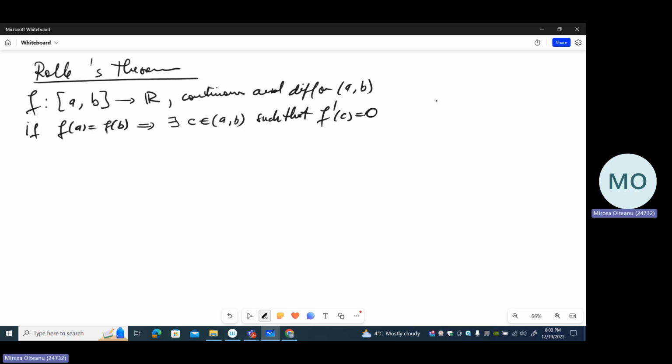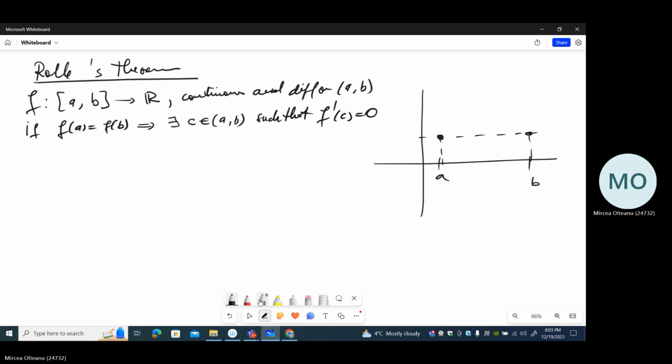Now the idea is very simple. I shall not make the proof, but just to have an intuition. If at the points A and B the function takes the same value, then the graph of the function must start from here and stop here. Loosely speaking, say the graph is increasing, and then to come back to the same value as in the beginning, it must decrease and then increase again.